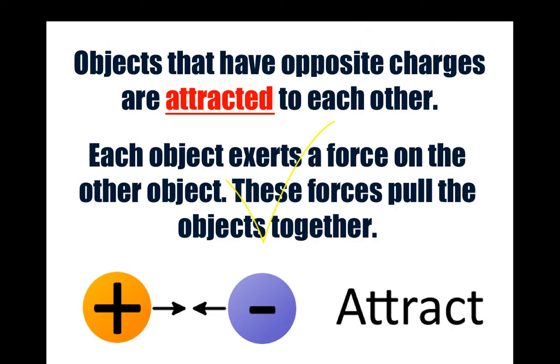Now, on the flip side, we have things pulling together, or attraction to one another. So if you have a positive and a negative, they are attracting to each other. Here, like it says, we can either have a push or a pull. This time we are having a pull because they're coming together.